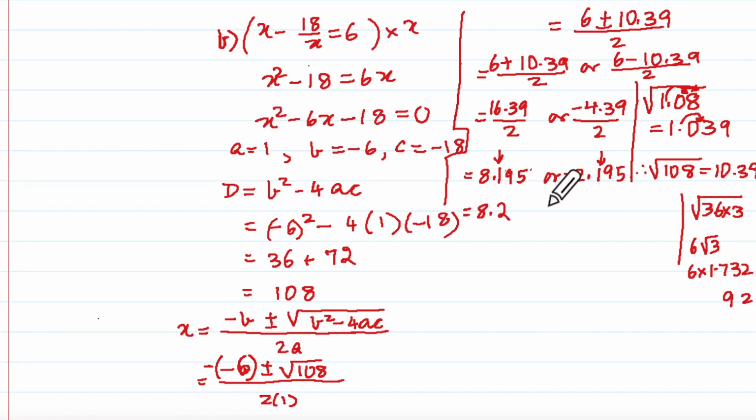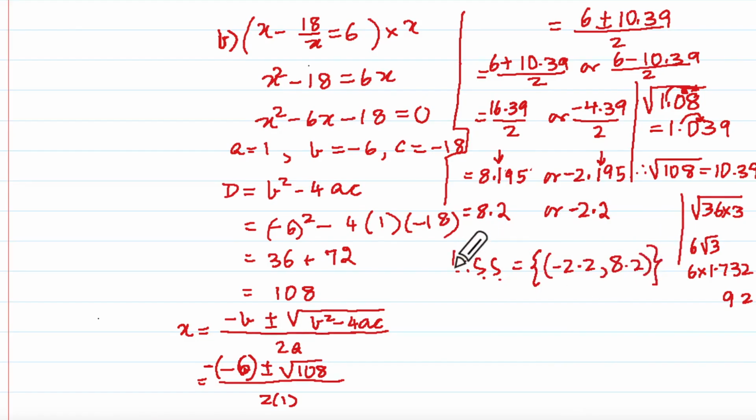This will be 8.2 or this will be minus 2.2. Therefore, the solution set is equal to minus 2.2 comma 8.2. Okay, and this would be your answer. It's again a 3-mark question. So 1 mark for writing this.